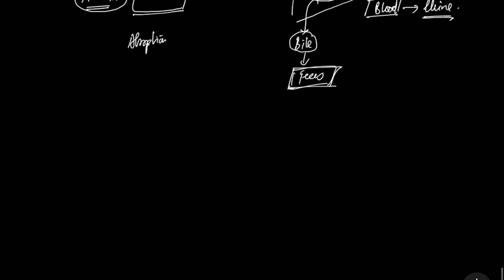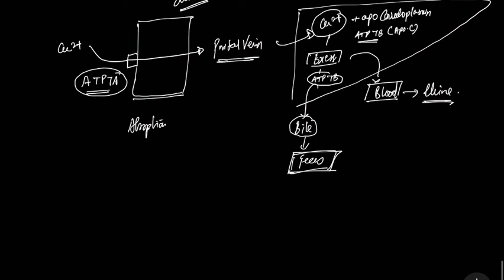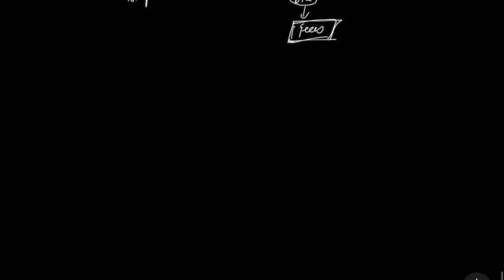Now let's move ahead to the etiopathogenesis. We saw here that there were two things required for your copper metabolism. The first one was your ATP7A, and the second was your ATP7B. So for any problem to occur, there has to be some problem in either ATP7A or ATP7B. Let's study the etiology first.